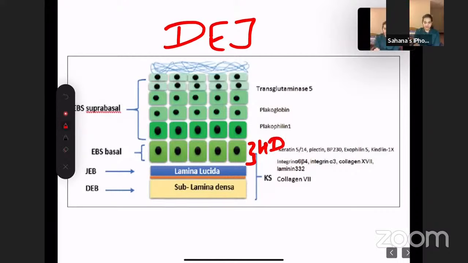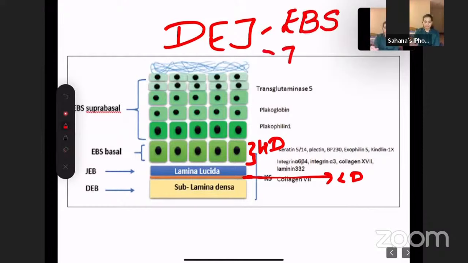This is the Lamina densa, and this is the Sublamina Densa. What we need to remember is there are 3 types of EB: epidermolysis bullosa simplex, junctional epidermolysis bullosa, and dystrophic epidermolysis bullosa.